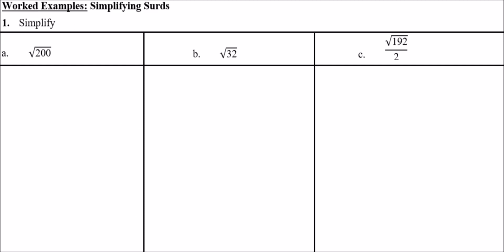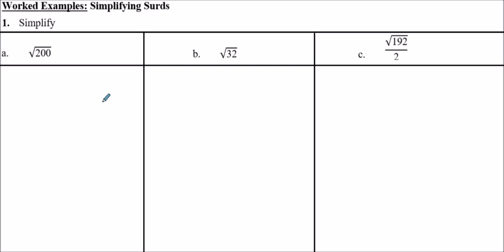The trick here is, well, without using a calculator, of course, the calculator can check to see your answers are correct. The tip here is to try and find a square number, the biggest square number you can, in fact, that is also a factor of the value inside the surd. So like we saw in the previous task with root 200, the biggest square number that's a factor of 200 is 100.